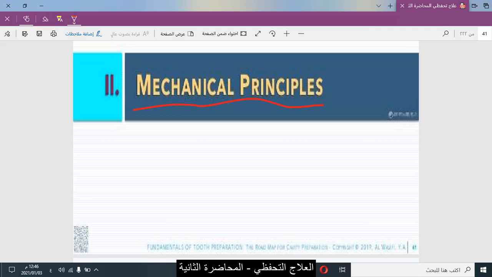We make the floor flat to distribute the stress and to make the force perpendicular to the floor.